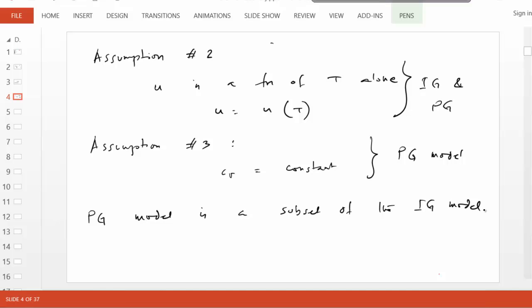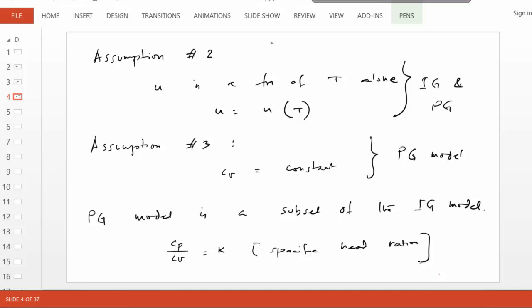In other words, the PG model, which is the simplest of all gas models and which is the model we are going to use the most, assumes Cv to be constant. As we saw, you can go to the table and find the value of Cv for different gases. And just to make sure, let's introduce one more term. The ratio of Cp and Cv is called k, the specific heat ratio. We'll use that later on, but it's good to introduce that property right away.